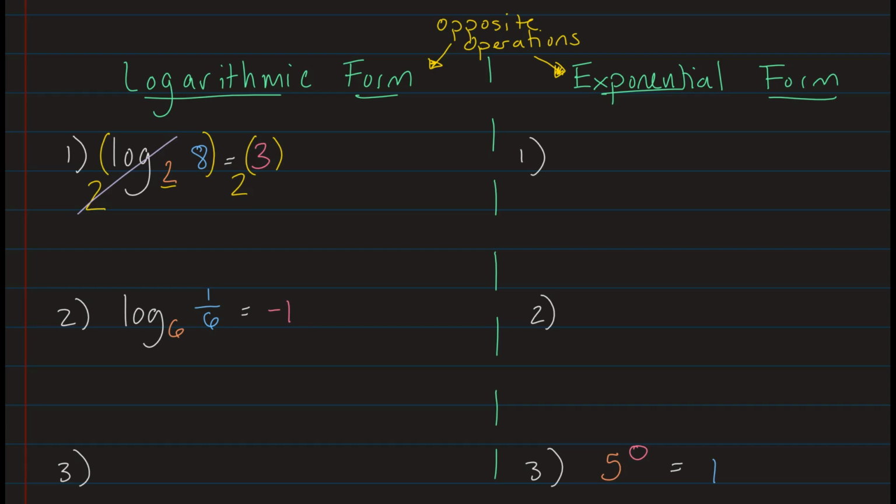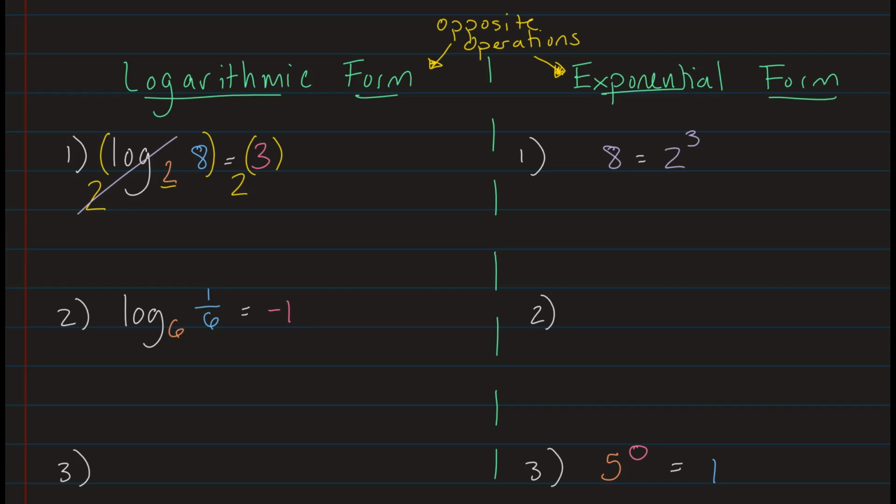So on the left-hand side, you're left with just 8. On the right-hand side, it just remains 2 to the power of 3. So I have successfully converted from logarithmic form to exponential form.